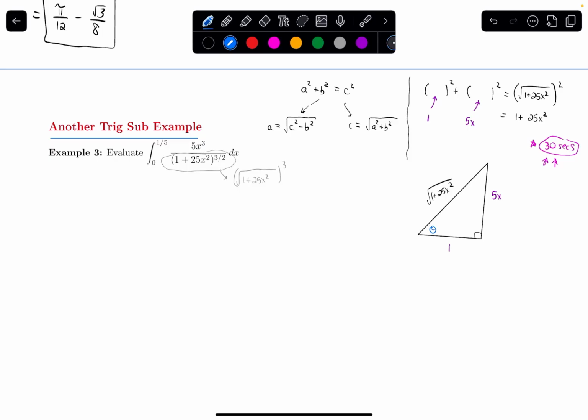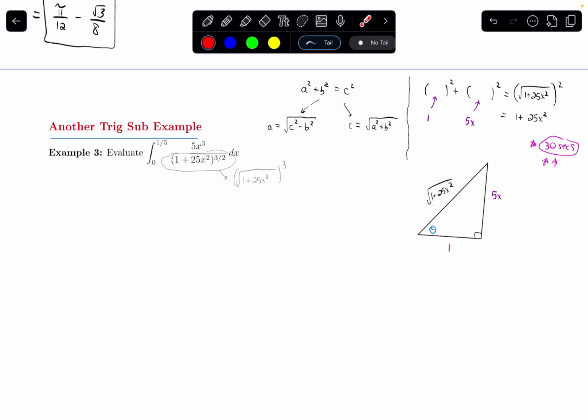Okay. So now the next step is we want to create trig expressions for the things that I see in my integral. The thing on the denominator has this square root term, so let's set up a trig function that involves that square root term. There's multiple possible options. I can do something that involves the hypotenuse and the adjacent side, or something that involves the hypotenuse and the opposite side.